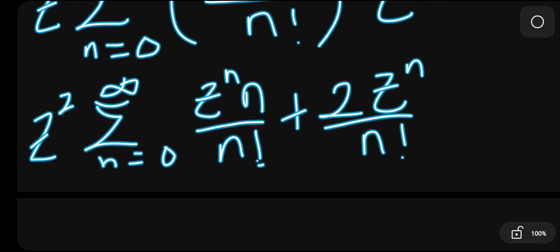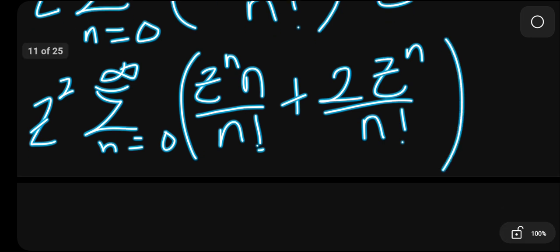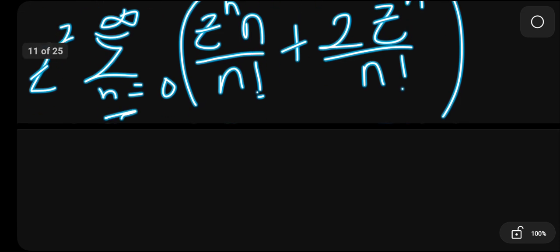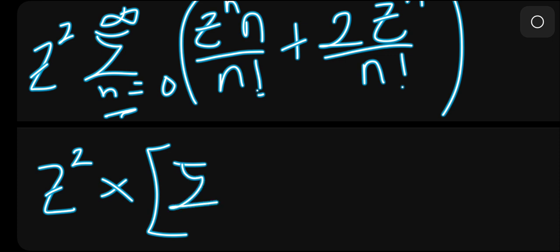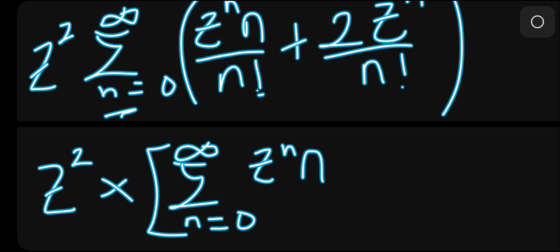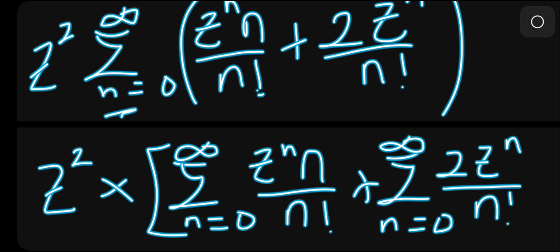So from here let's distribute the sum. So z squared, now multiplying the sum from n equals 0 all the way to infinite of z power n multiplying n on n factorial plus the sum from n equals 0 all the way to infinite 2 z power n on n factorial.